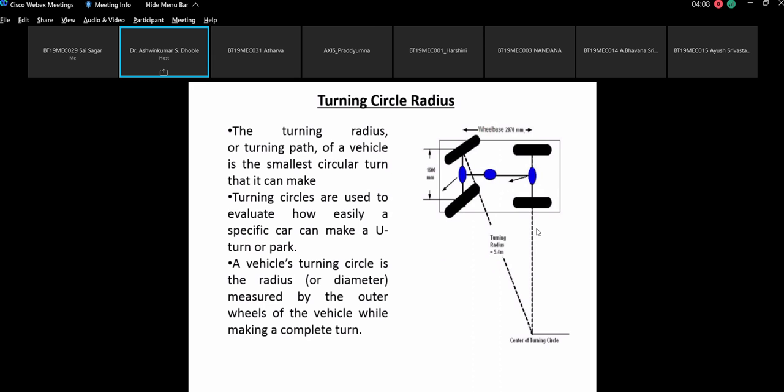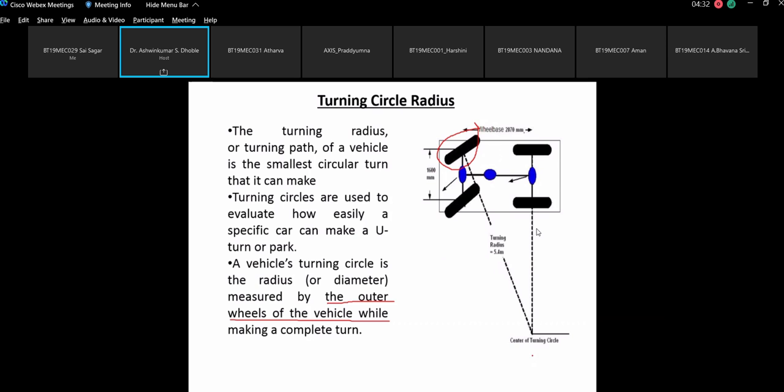The vehicle's turning circle is the radius or diameter measured by the outer wheel of a vehicle while making a complete turn. Please understand that this is the outer wheel, that means the front outer wheel.